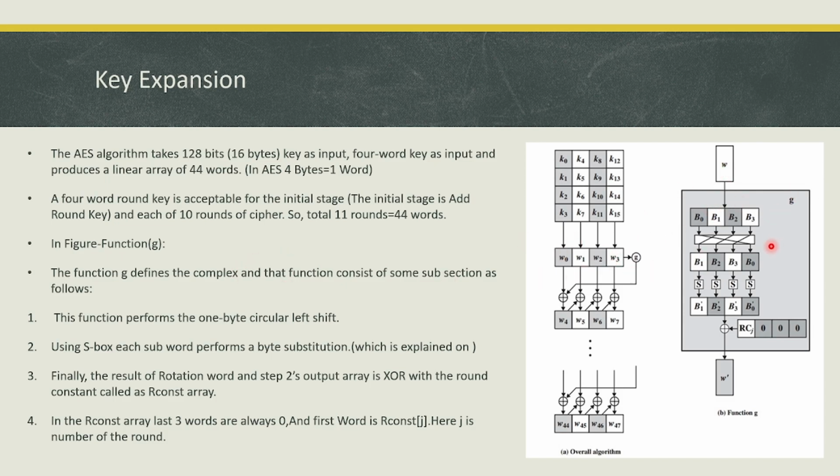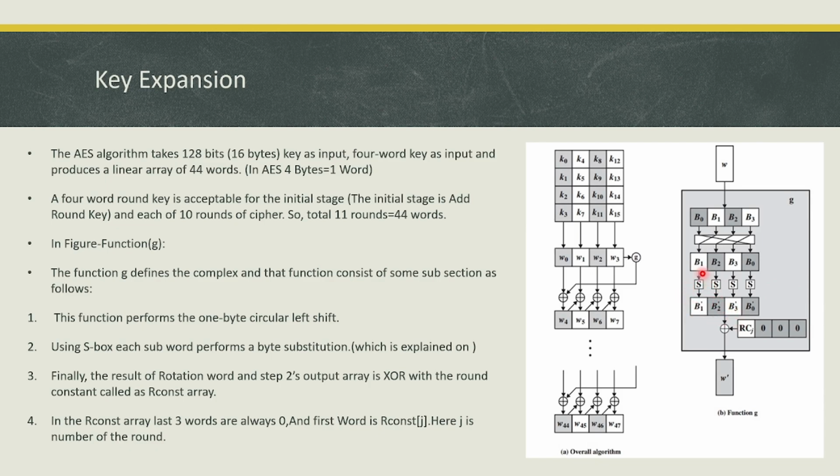First of all, the function performs a 1 byte circular left shift, so B0 goes here and B1 goes here. After that, using the S box, it will perform the byte substitution. We will see what the S box is in the later half of the video, but for now assume that using the S box we can substitute these bytes.